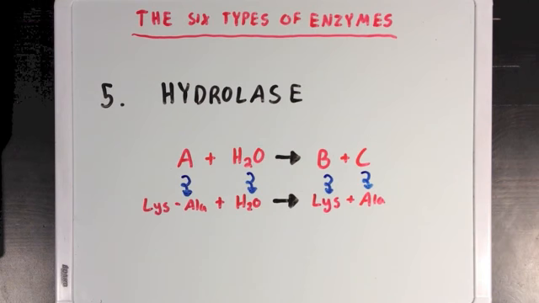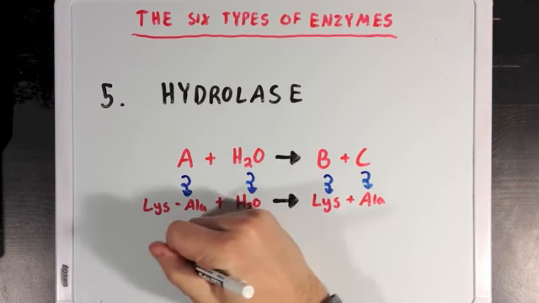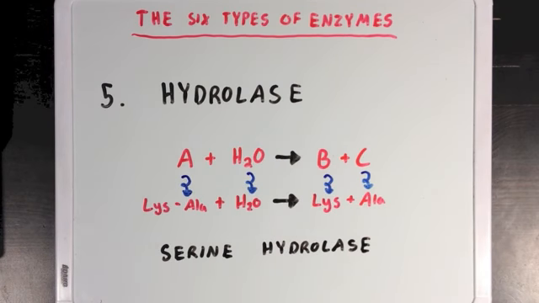And this particular hydrolysis reaction can be catalyzed by a class of enzymes that we call serine hydrolases, which some people call serine proteases. And they are named this way because they are hydrolases that use a serine residue as the key catalytic amino acid that is responsible for breaking the peptide bond.